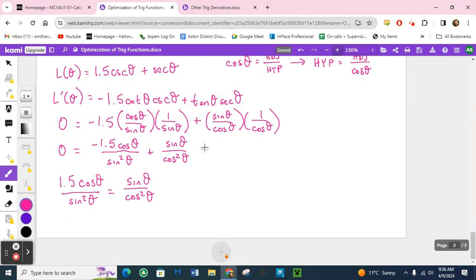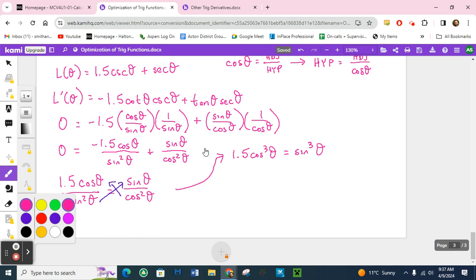And guys, look, if you do a little crisscross applesauce here, multiply up the cos squared theta times cosine theta, multiply up the sine squared theta times sine theta. Check this out. We get 1.5 times cosine cubed theta equals sine cubed theta. Remember what we did in part B? Sine divided by cosine is tan.